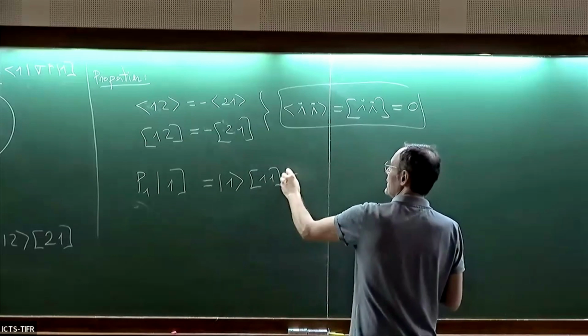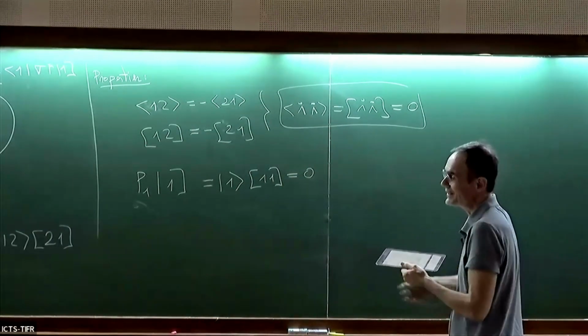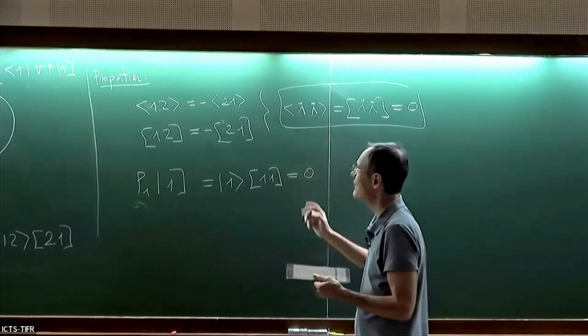Now this is 0. This is kind of the Dirac equation, but it's not Dirac because we're not talking about fields. But P on the spinor is 0.